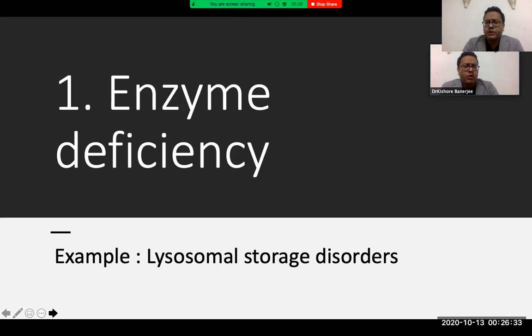First cause of abnormal intracellular accumulation is enzyme deficiency. And here I'm going to explain this concept on the whiteboard. So let me go to the whiteboard first.